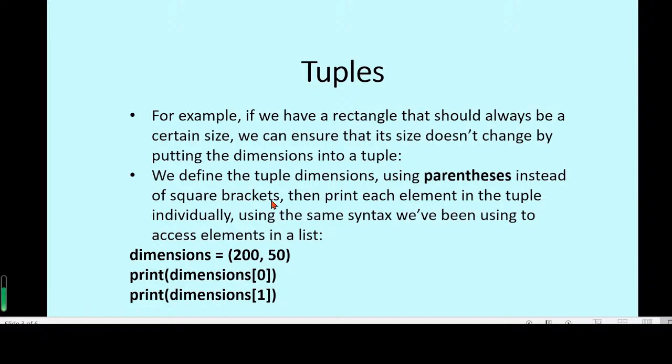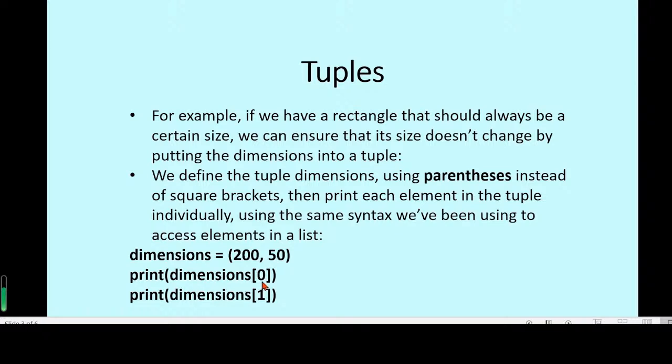So we define the tuple dimensions using parentheses instead of square brackets. Then print each element in the tuple individually, using the same syntax we have been using to access elements in a list. So this is a tuple with two elements. We use parentheses to create a tuple. Then if we want to get the first element, we just use this tuple with bracket 0.